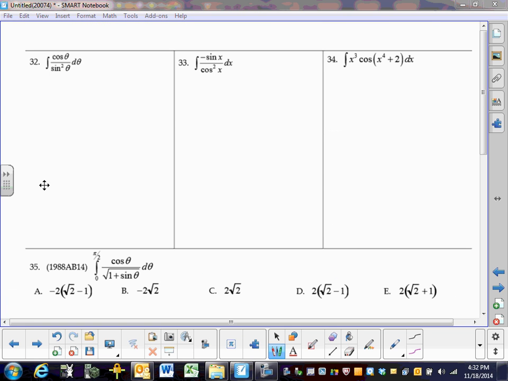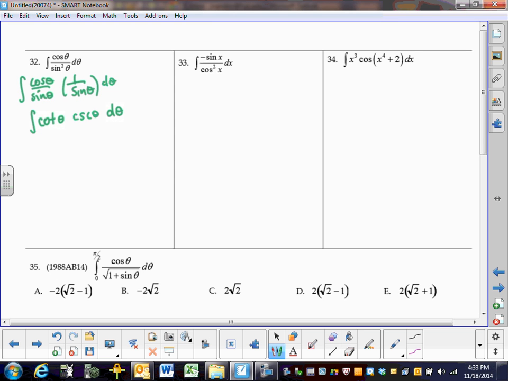Okay, so similar to number 30, this one can be a little bit tricky because we have a cosine and then a sine squared. This could be done as a u-substitution, but it doesn't really have to be done as a u-substitution. I could rewrite this one as cosine theta over sine theta, 1 over sine theta, d theta, which is going backwards from cotangent, cosecant.